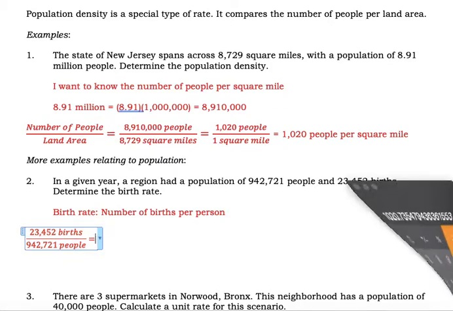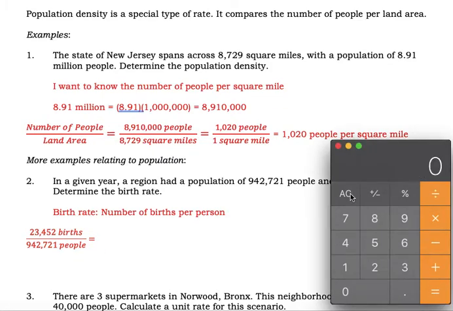Okay, so let's see what it looks like when we divide the numbers. Let's see what it looks like as a unit rate. If you divide 23,452 by 942,721, we get a really small decimal. I'm not going to use that many digits.